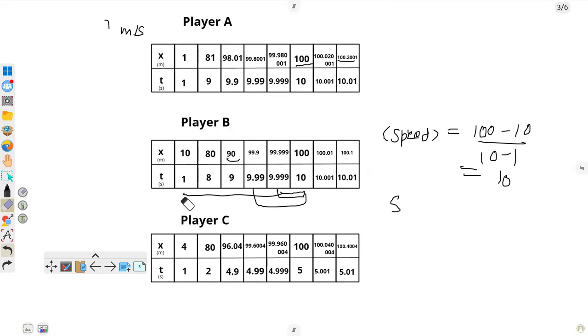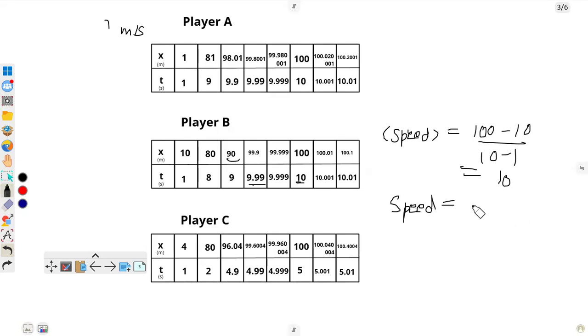So for t is equal to 9.99 and 10, our speed comes out to be, anyone? What will be our speed? Can you repeat the time interval? The time interval is between 9.99 and 10.